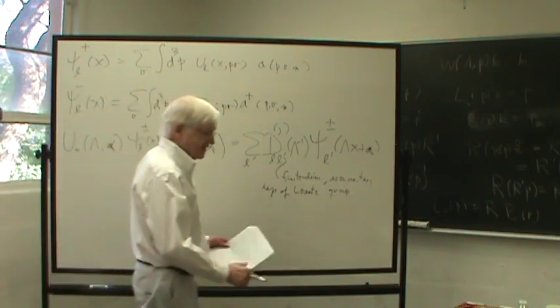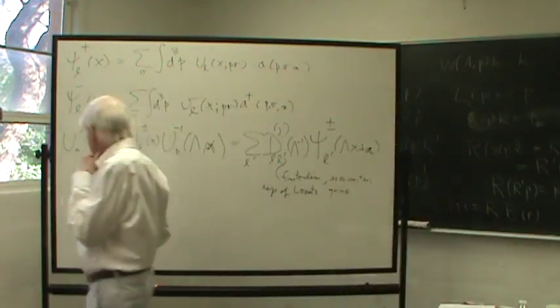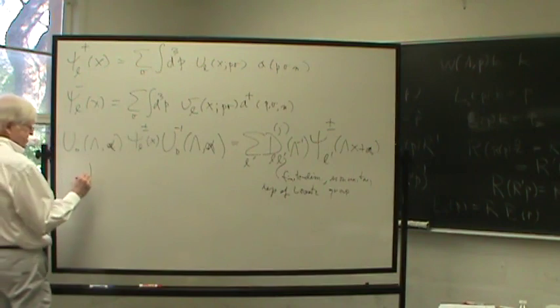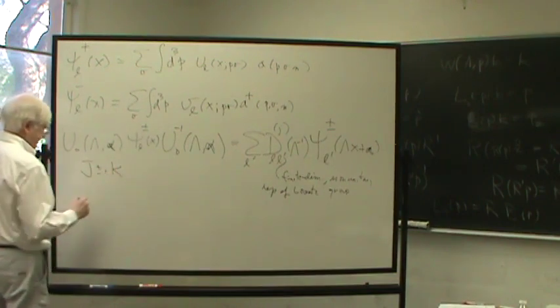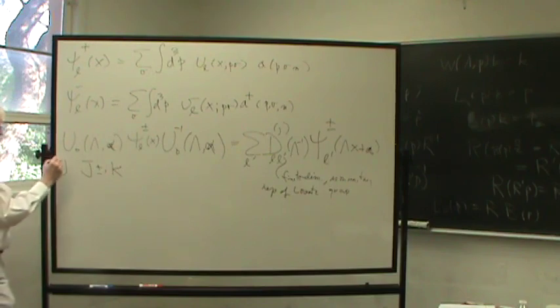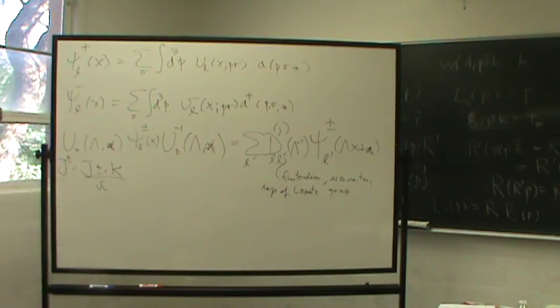Remember that I said that when you take these operators J plus or minus iK, I think that was the way to do it, we call these J plus or minus, and maybe there's a root 2, I don't remember, or 1/2.